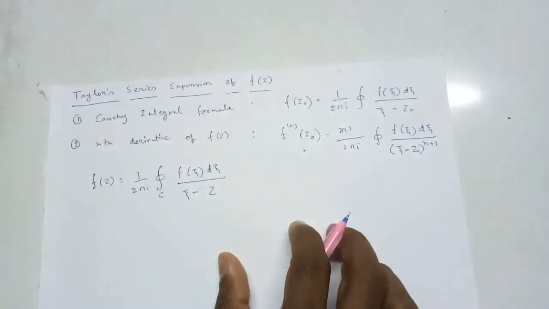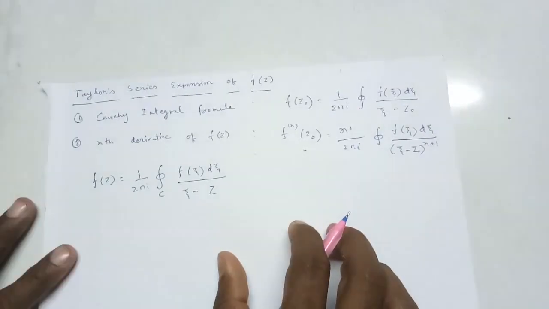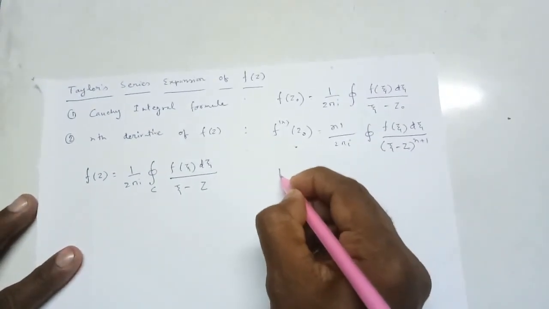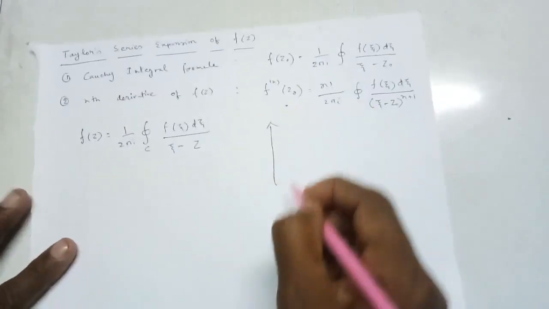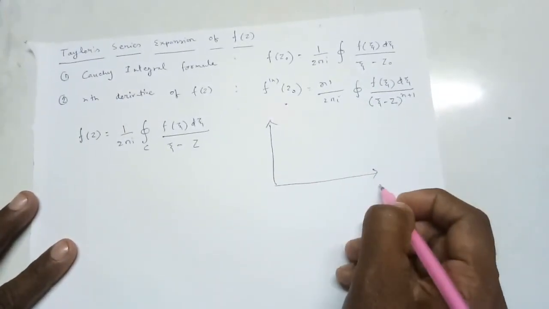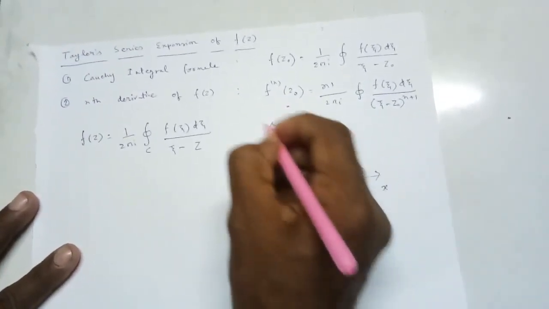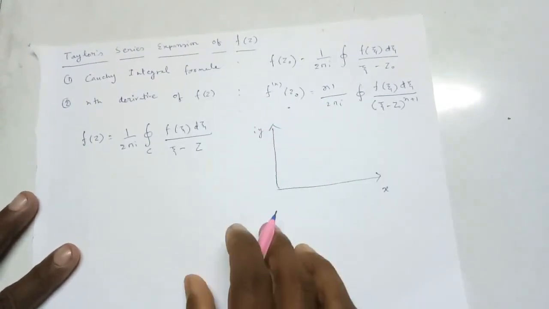Here we have considered a complex plane given by two axes, the real axis x and the imaginary axis iy.